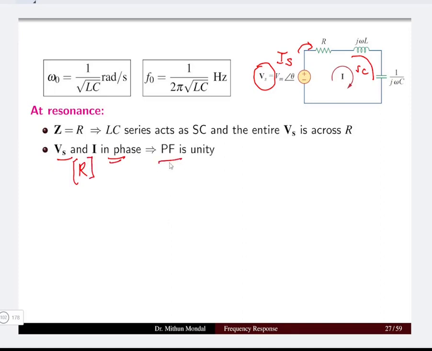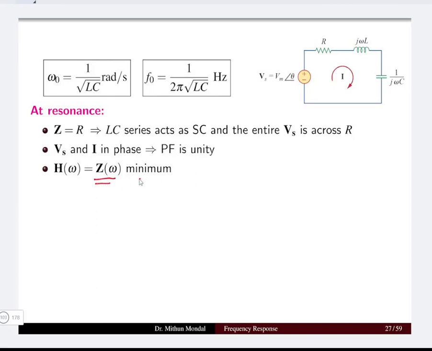So the power factor is unity because the phase angle between the voltage and the current is 0, and cos phi equals 1, which is known as the power factor. So the power factor will be unity under the condition of resonance, and the impedance value will be minimum, equal to the resistance.